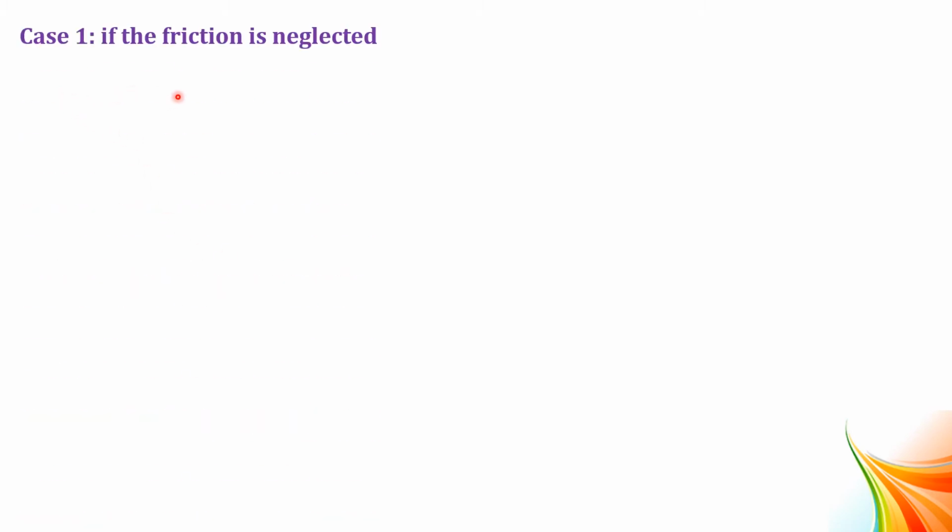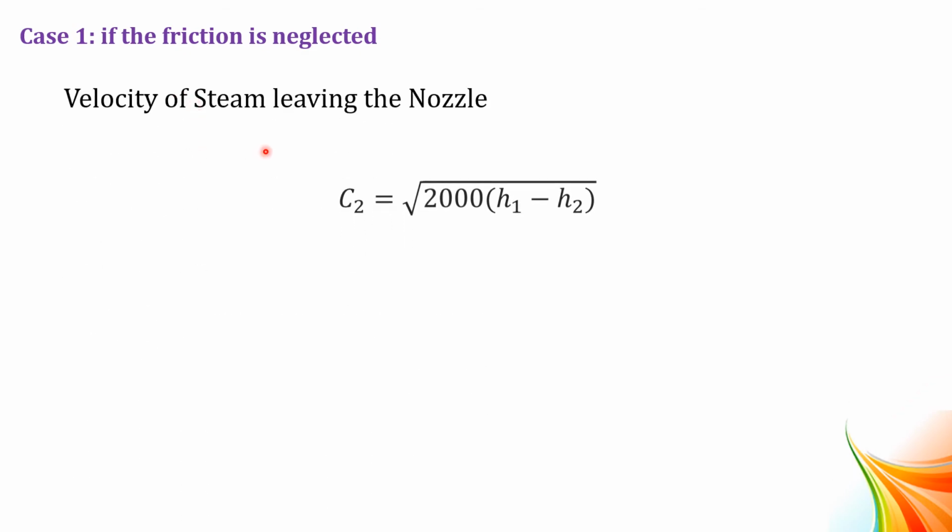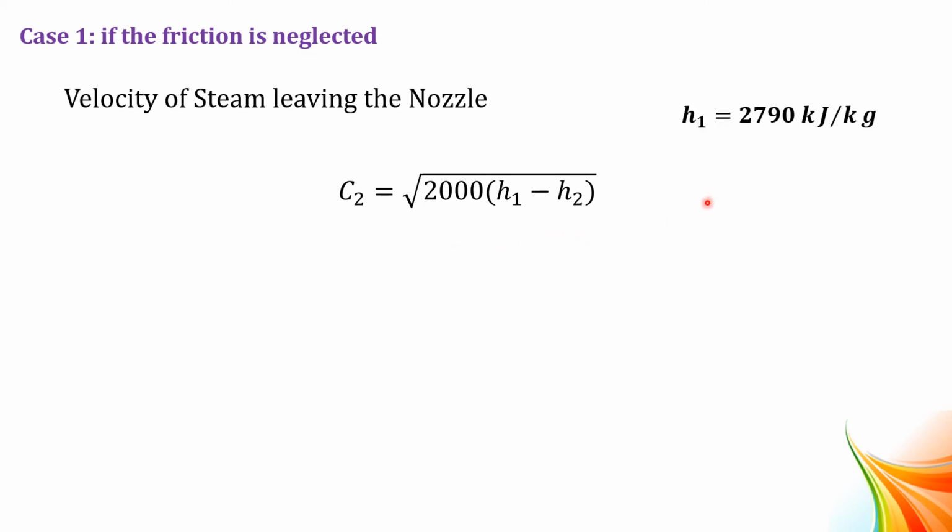Case 1. If the friction is neglected, then the velocity of steam leaving the nozzle C2 equal to square root of 2000 into H1 minus H2. So the value of H1 equal to 2790 kilojoule per kilogram and H2 equal to 2615 kilojoule per kilogram. These two values we have obtained from the Mollier diagram.